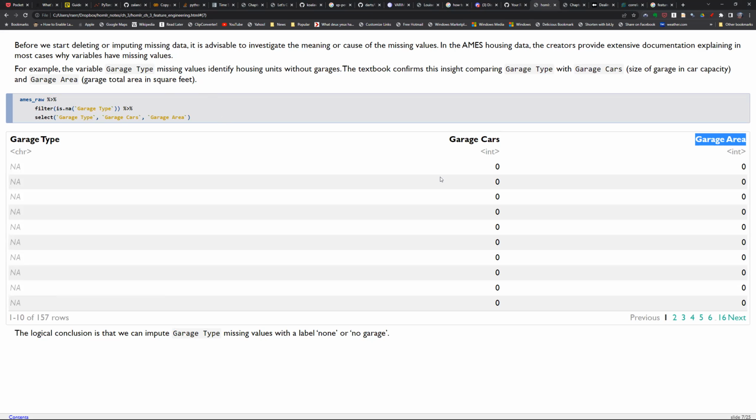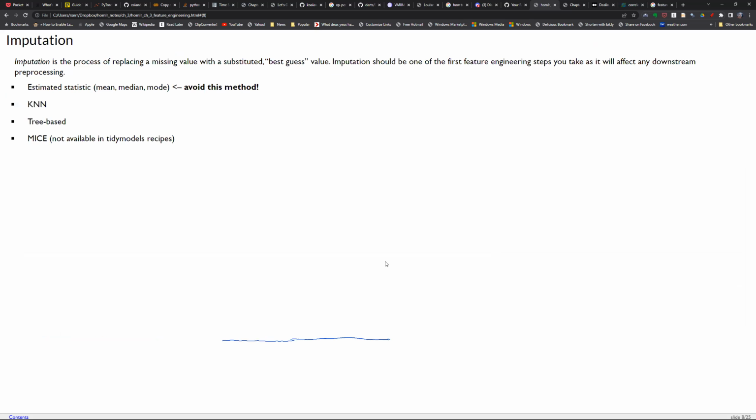In other words, there are no garage cars and there is no garage area. So that means that there is no garage. So in this case, we can impute the missing values with a label, none or no garage, depending on how descriptive you want to be. Okay, so let's finish here.